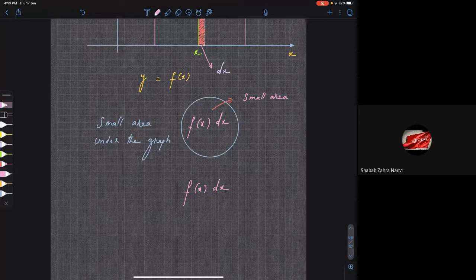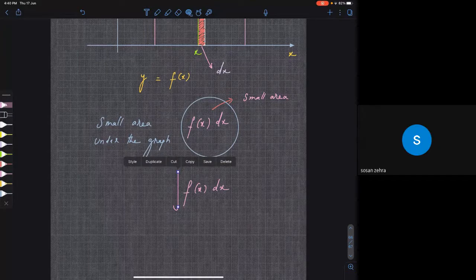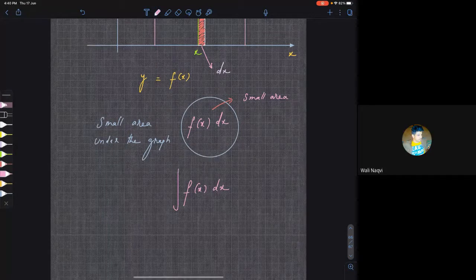Beside that, there is a symbol of integration like this. This is the symbol of integration. Now, can anyone tell me what this symbol looks like?